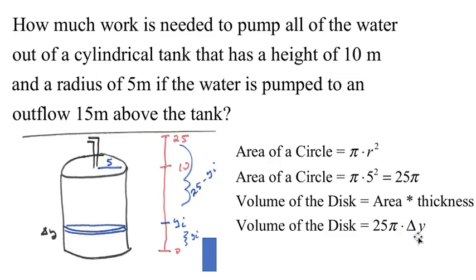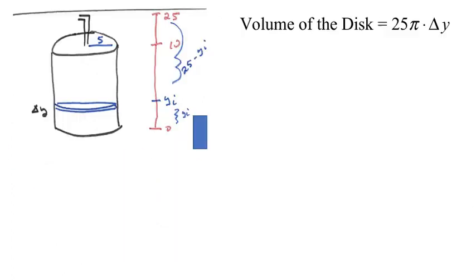Work is force times distance. We need to think how we can convert volume into force in the world of metric. Well, first we're going to go to mass. Mass is density times volume. And you may know that we have 1 gram per cubic centimeter.